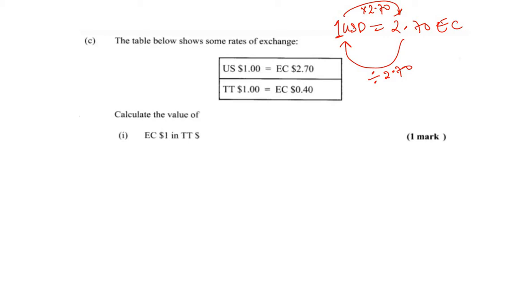The next one shows 1 TT gives us 0.4 EC. Now, that means to go from 1 TT to 0.4 EC, we multiply by 0.4.